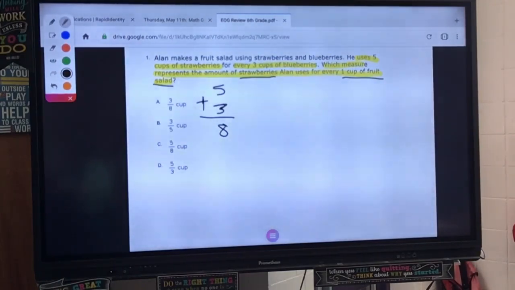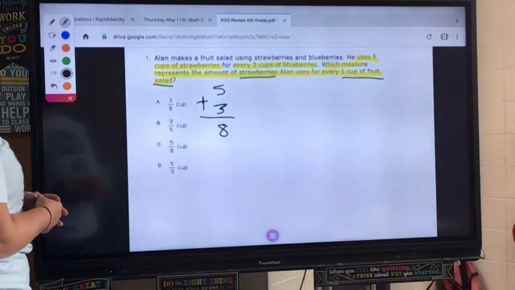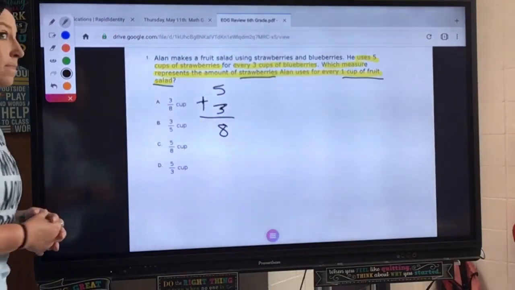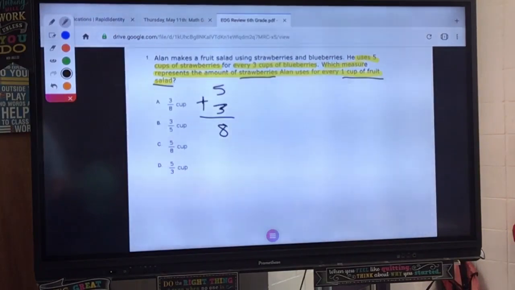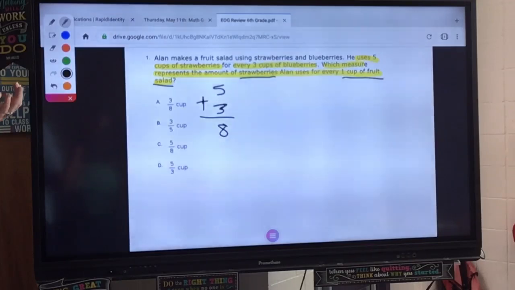Now, how many strawberries do we have? Leo, how many strawberries? Read the question. It's not a trick question. No. Read the question, please. What does it say?